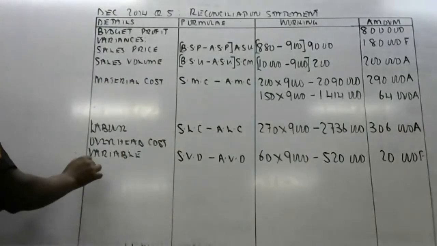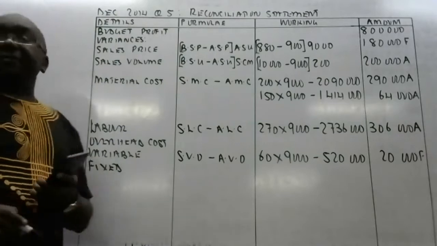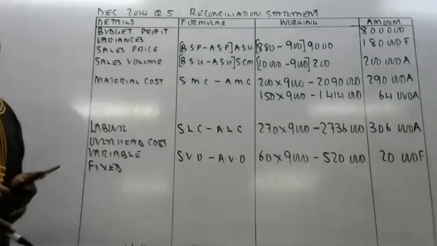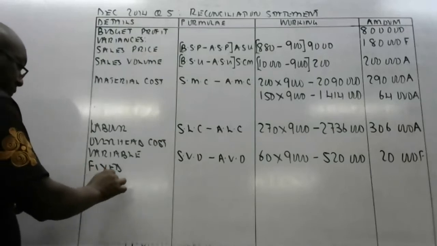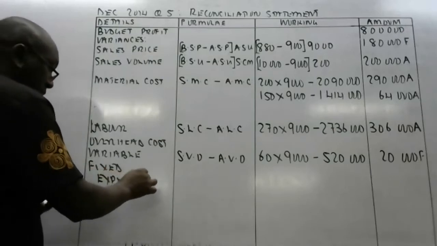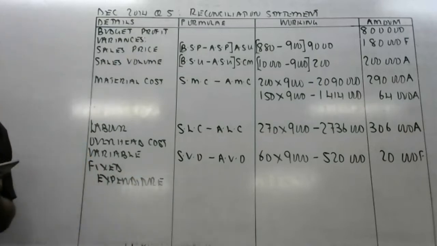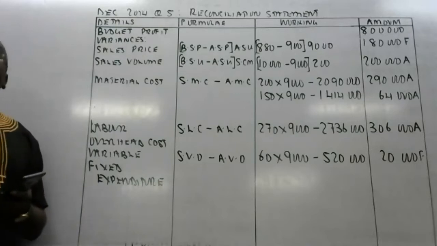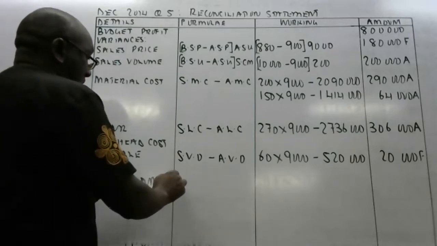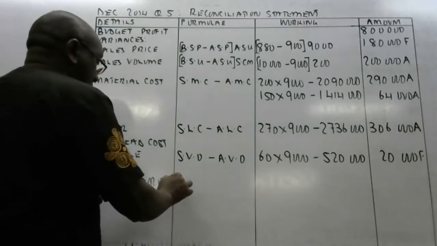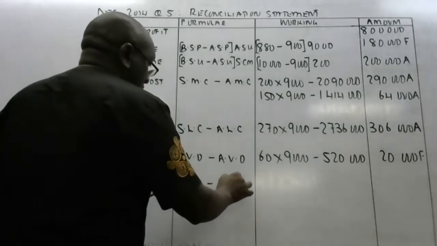Then let's go to fixed. In the fixed, I've told you we have two types that we bring. The first one is called expenditure. And expenditure is given as what?